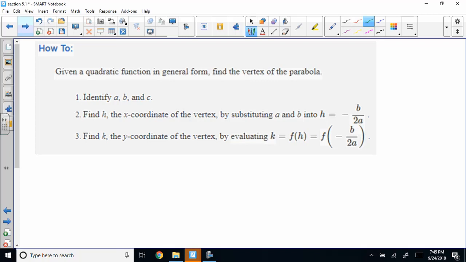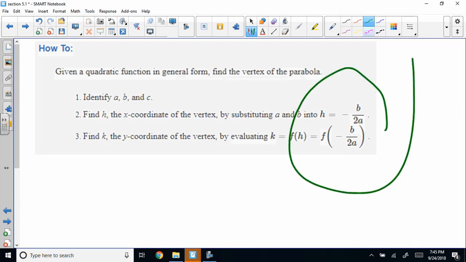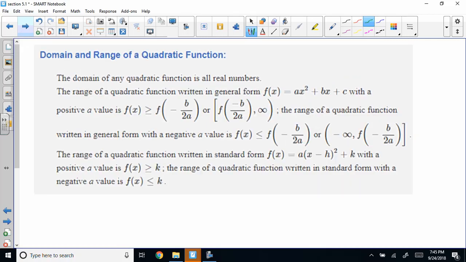They've got some, given the general conic, quadratic in general form, find the vertex, blah, blah, blah. We'll talk about it. We'll do so many, it ain't funny. We'll talk about domain and range. Don't worry about all this craziness here with the math. That's kind of convoluted anyway. Somebody really got happy and started nerding out way too much.